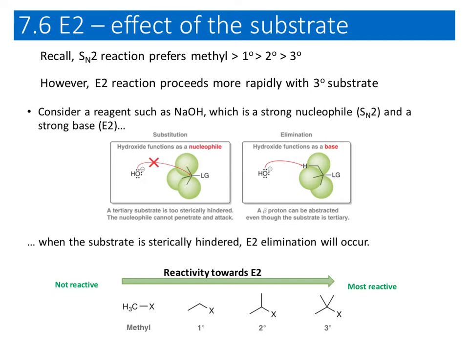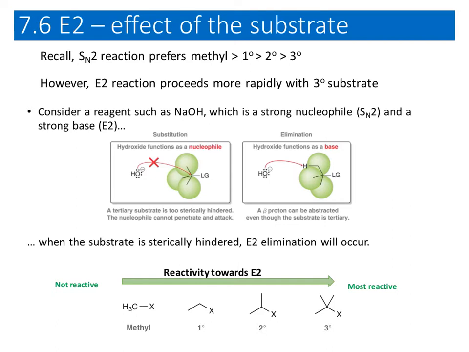Now, why is that? If you consider a reagent such as sodium hydroxide, hydroxide can act as a strong nucleophile in SN2 reaction, and it is also a strong base in E2 reaction. There are some species that can act as nucleophile and as base, depending on the condition of the reaction. We are going to talk about that later.